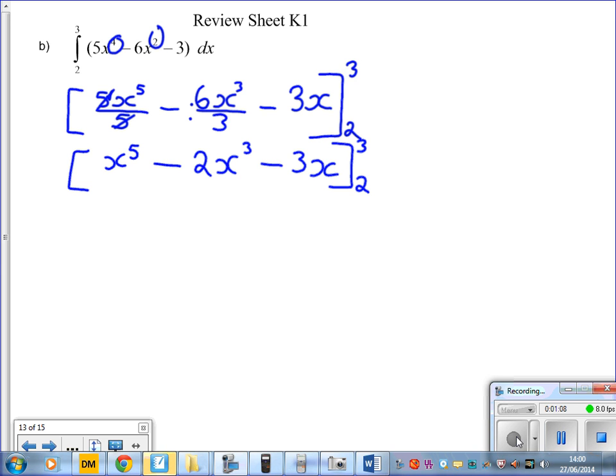It's just simplified slightly. So what I'm going to do now is first of all put this value here in place of x. So I've got curved brackets now. So 3 to the power of 5, take away 2 times by 3 cubed, take away 3 times by 3.